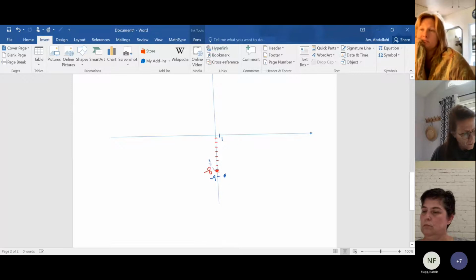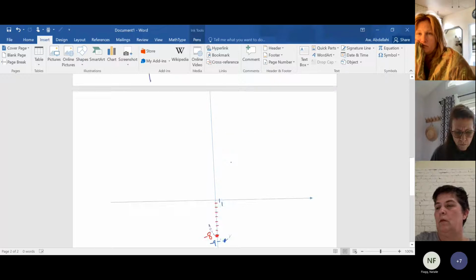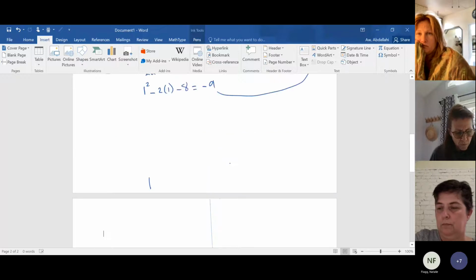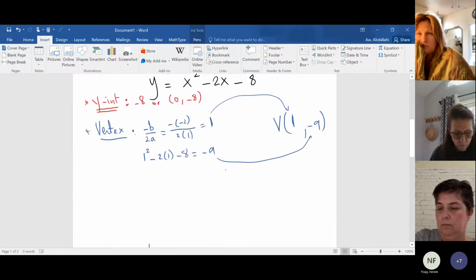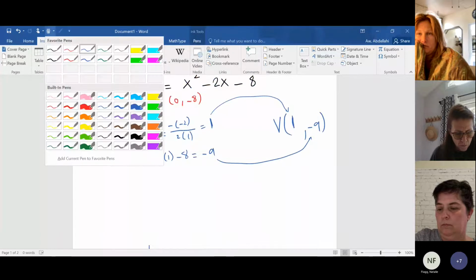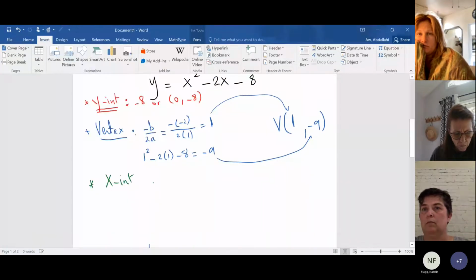But I need to know what the x-intercepts are, right? For the x-intercept, we're going to set x squared minus 2x minus 8 equals 0, and we're going to solve it.